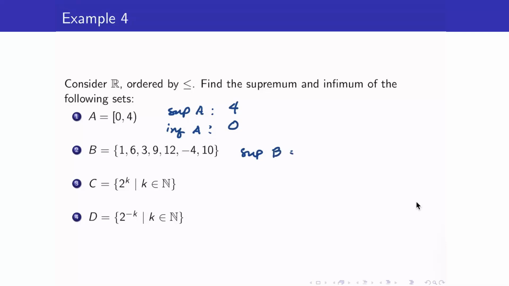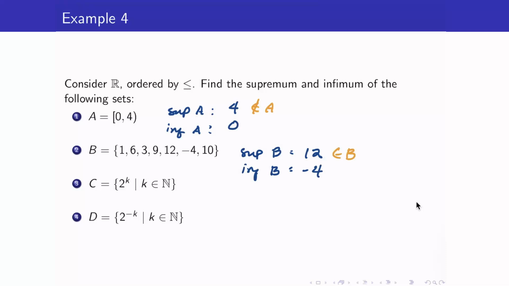Here, the supremum of B would be 12, correct? And the infimum of B is just the lowest, so that's -4. So notice here that my supremum of A is not inside A, whereas here the supremum is an element of B. What about for letter C?